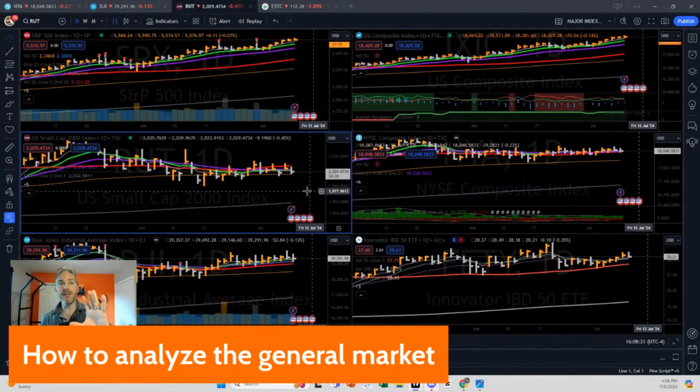So analyze each one of these indexes to see which way they're moving: up, down, or sideways. And if they're all moving in the same direction, guess what? You've got a nice strong trend. If they're not moving in the same direction, like you have right here, right? You have the S&P 500 and the NASDAQ moving up. You have the Russell 2000, the New York Stock Exchange, and the Dow, they're all moving sideways.